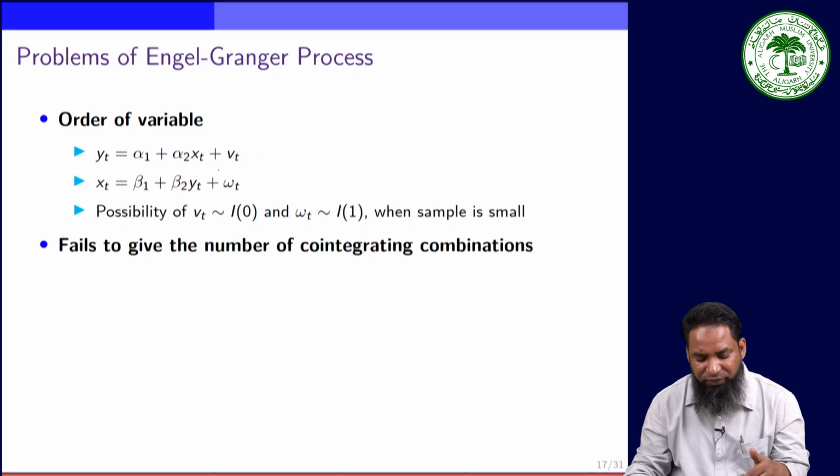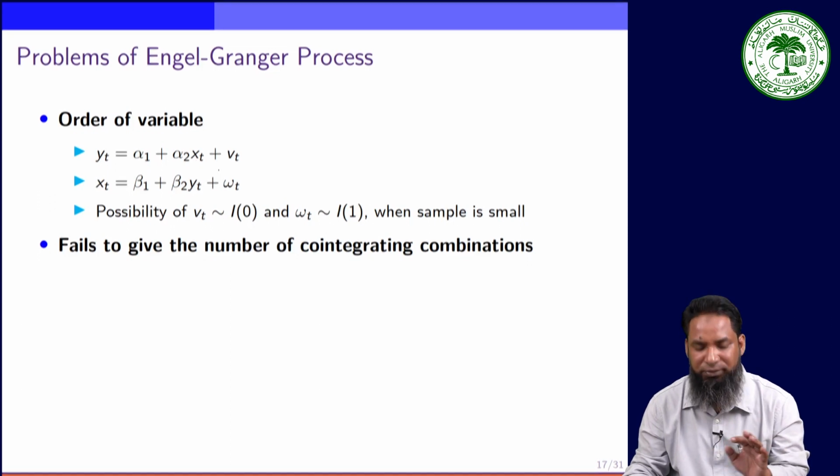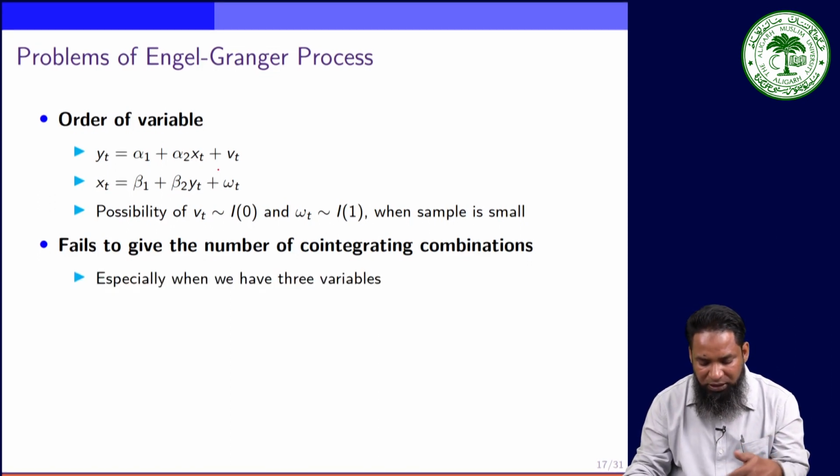Another thing, this fails to give the number of cointegrating combinations. It gives only one value of alpha such that the series are cointegrated. However, there is a possibility that there may be more than one combination, and it does not tell us how many such combinations exist. Especially that becomes a problem when we have three variables.